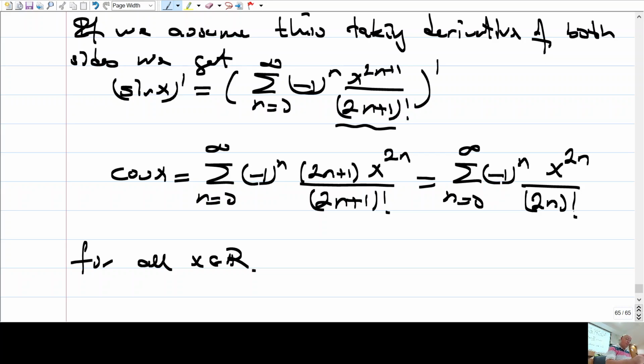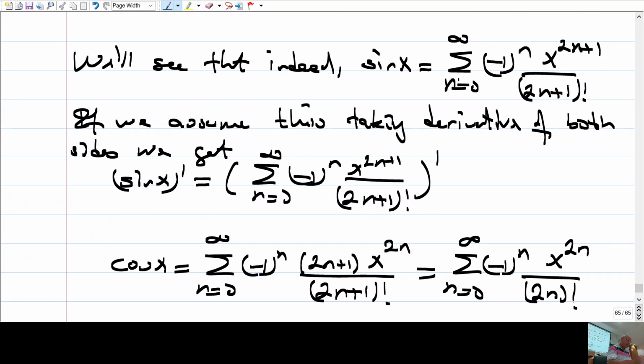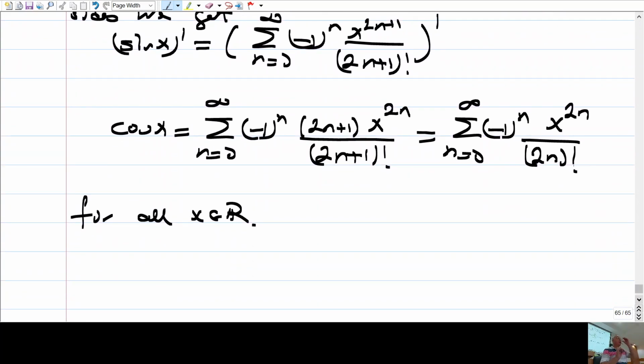And soon we will show that sine x is equal to actually this expression. Okay, so that sine x is an analytic function. In general, a function may not be equal to its Maclaurin series or Taylor series. Even though it is infinitely differentiable, the two functions might be different.